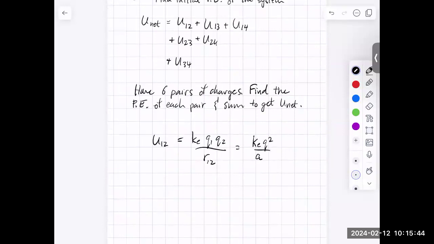Now I could do the exact same thing for, say, the interaction between 2 and 3. The result is going to be exactly the same because all the particles are identical, and the distance between particles 2 and 3 is the same as the distance between particles 1 and 2.